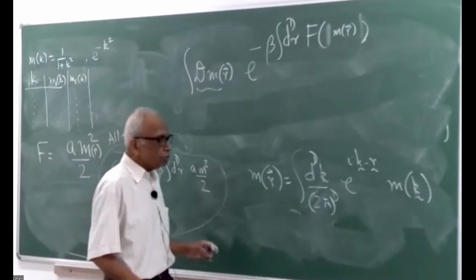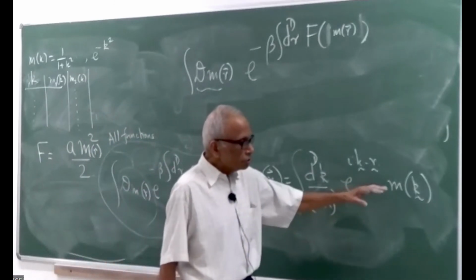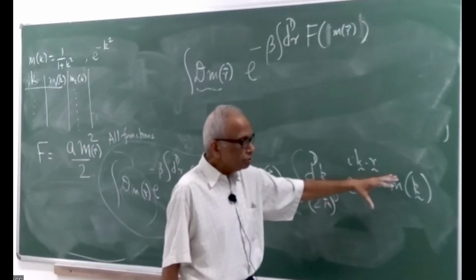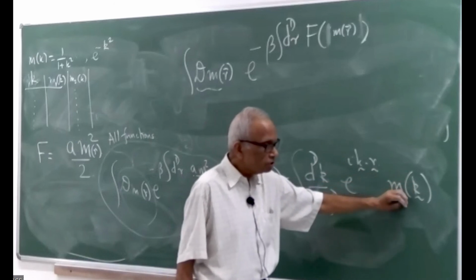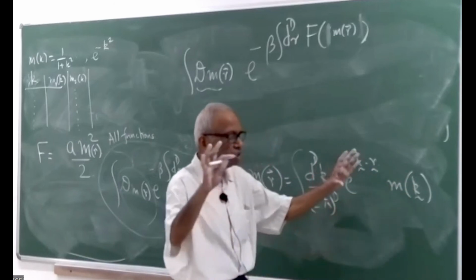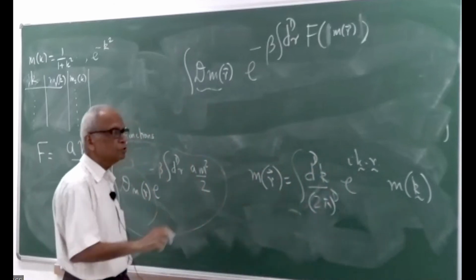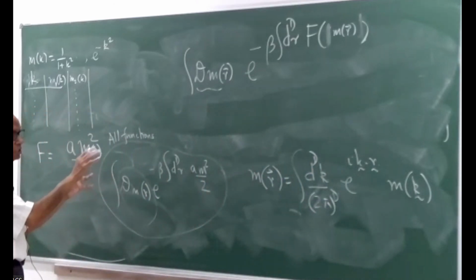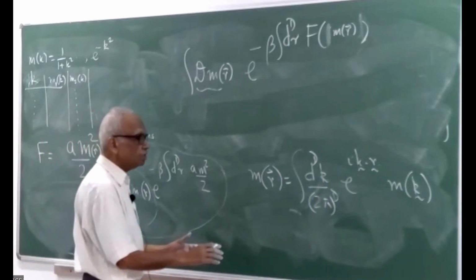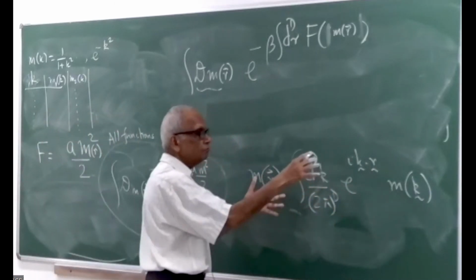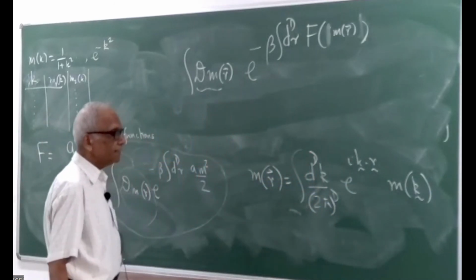So now what you do is, obviously, you take all possible functions m of k which are such that the integral is convergent and so on and so forth. So the constraints have to do with the convergence of this integral.